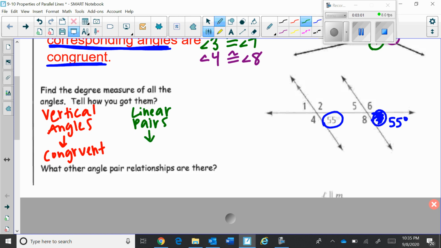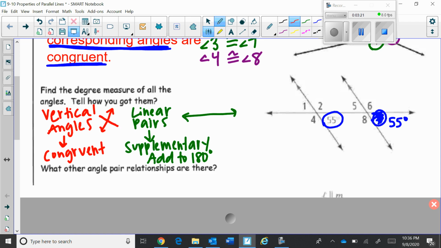They are supplementary, or they add to 180. As a reminder, a linear pair forms a straight line, and your vertical angles are across from each other. So we're going to use our knowledge about that to figure out the rest of these problems.